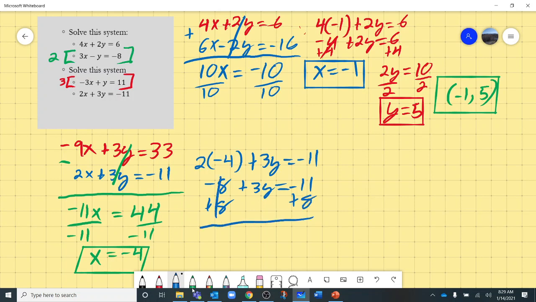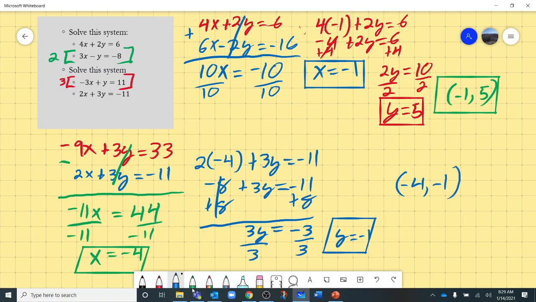And those cancel. We get 3y equals negative 3. Divide both sides by 3. And y equals negative 1. And so our solution for this one is negative 4, negative 1.